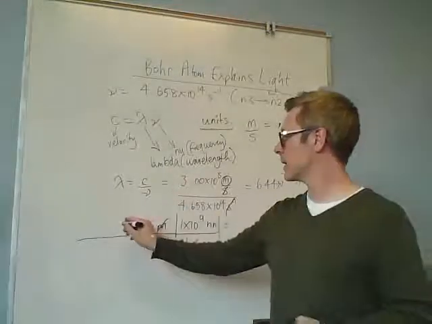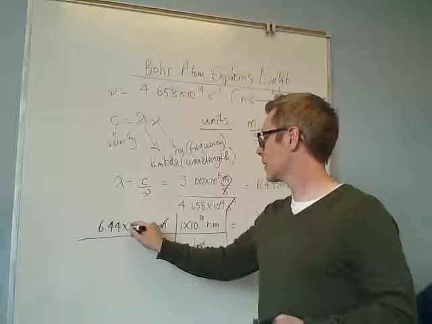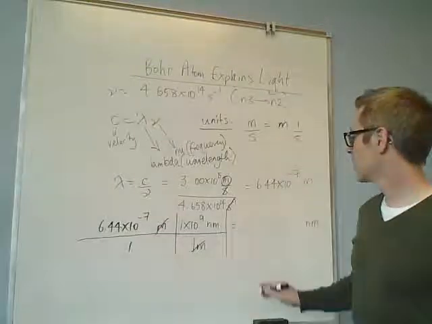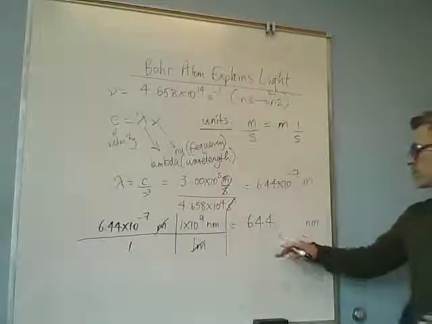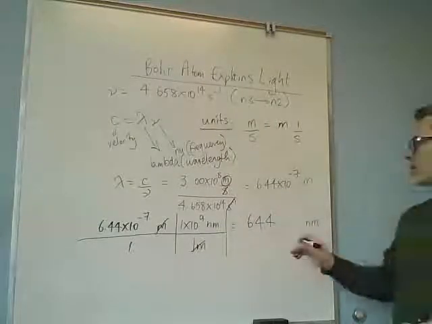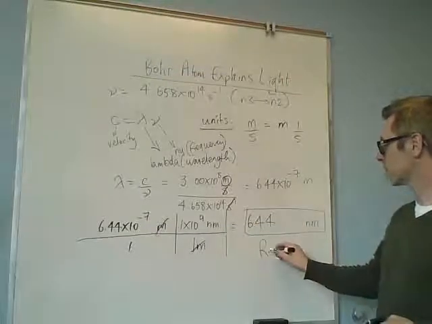Now I can put my meter input, 6.44 by 10 to the -7. This is going to give me about 644 nanometer, which if you look in a textbook is red.